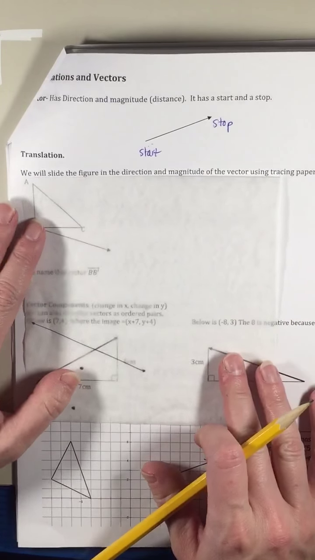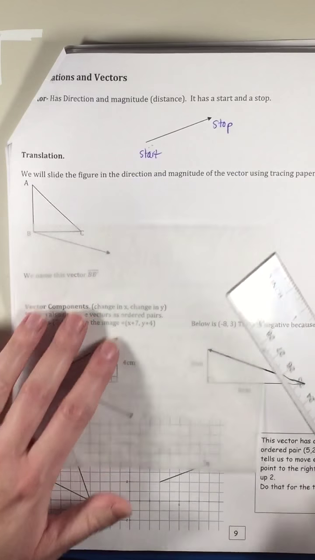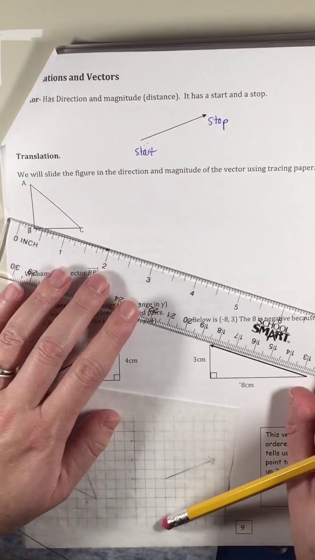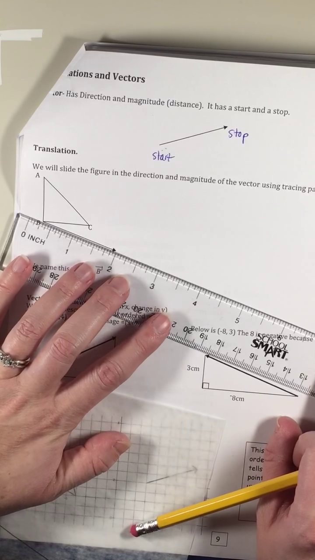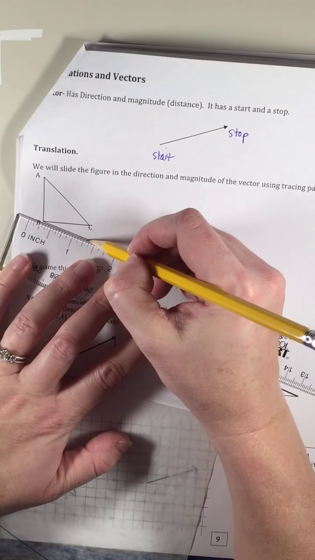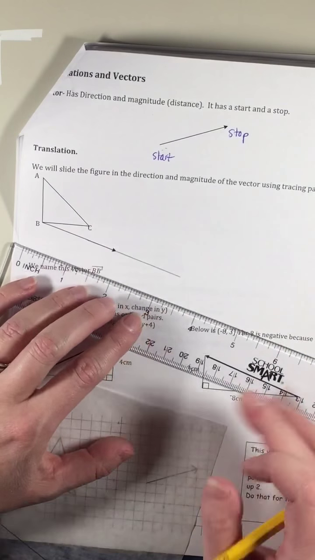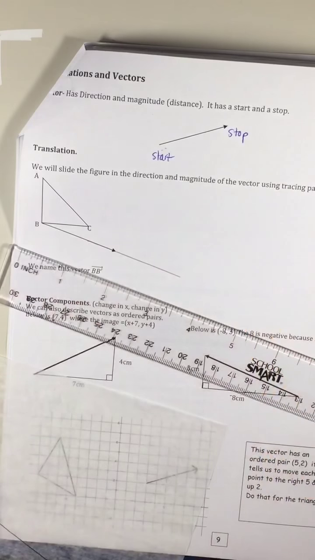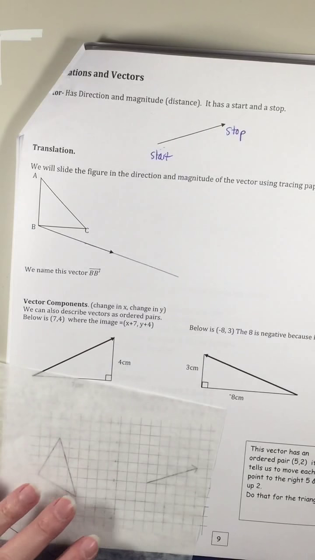So what we're gonna do, and we need a ruler for this, because we need to extend our vector. So we're gonna do that even before we start tracing anything. So extend your vector. It doesn't have to be as long as the old vector. We just need to make sure we don't end up kind of rotating our paper. So extend out your vector, okay?